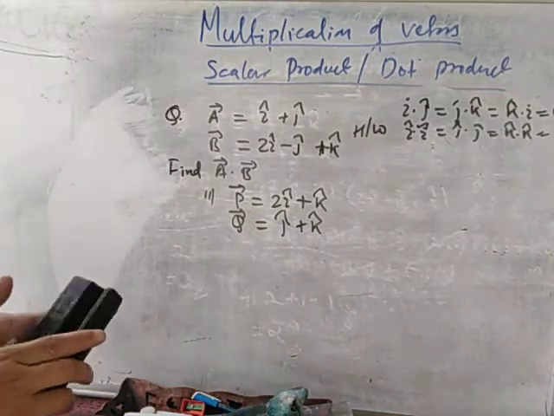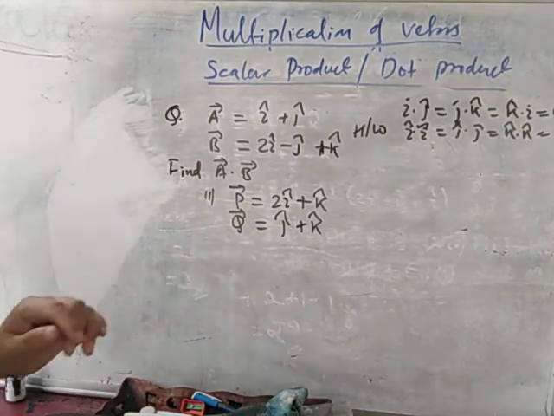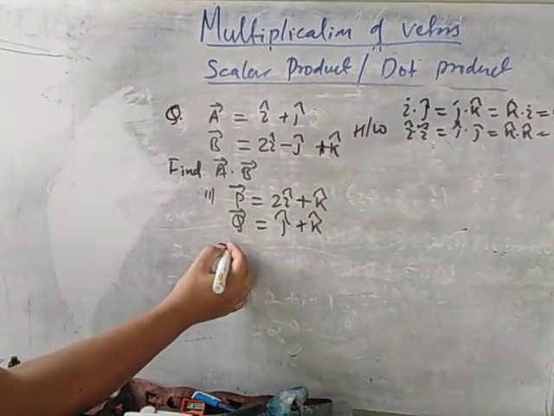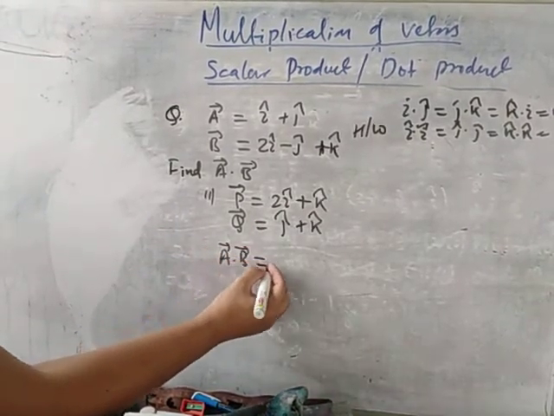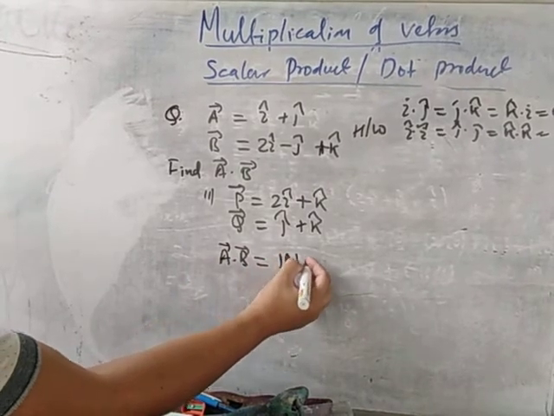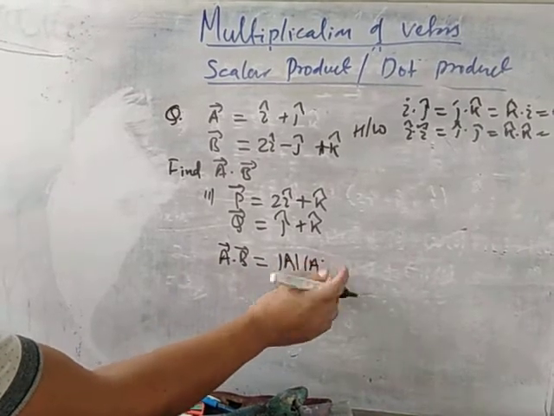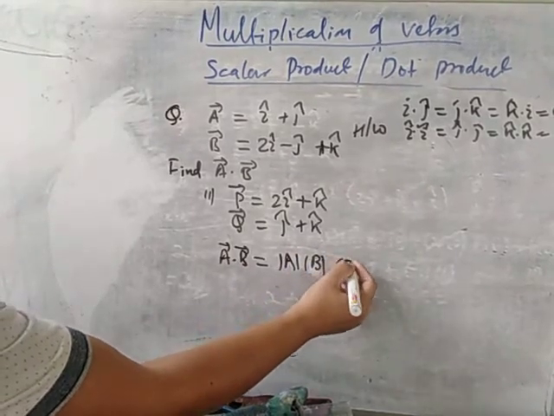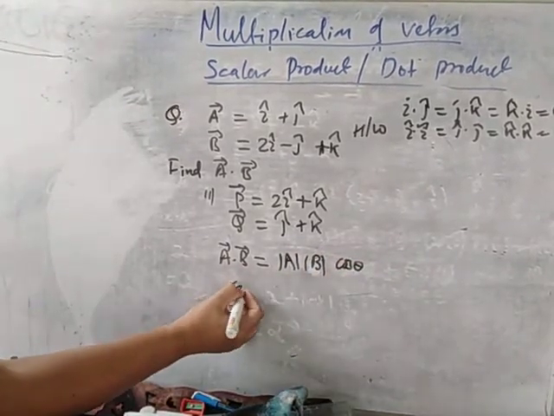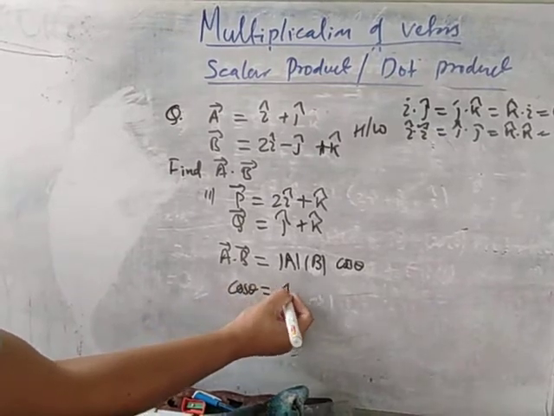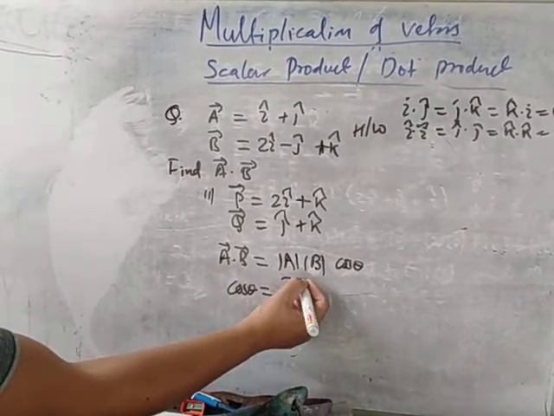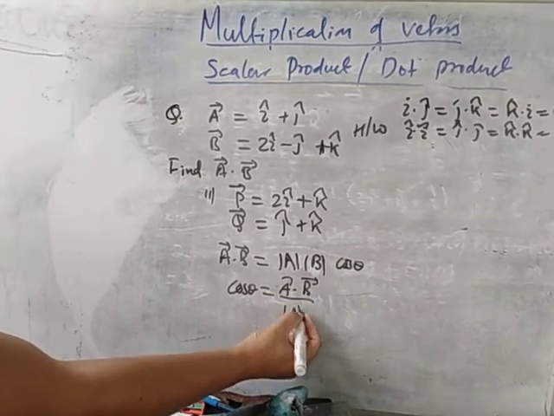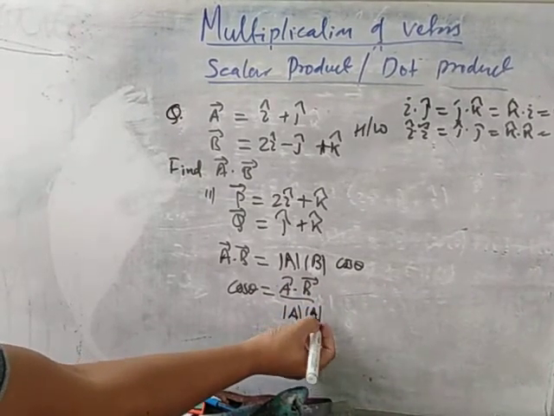So we know that a dot b equals mod of a, mod of b, into cos theta, isn't it? So cos theta equals how much? Cos theta equals vector a dot vector b divided by mod of a mod of b.